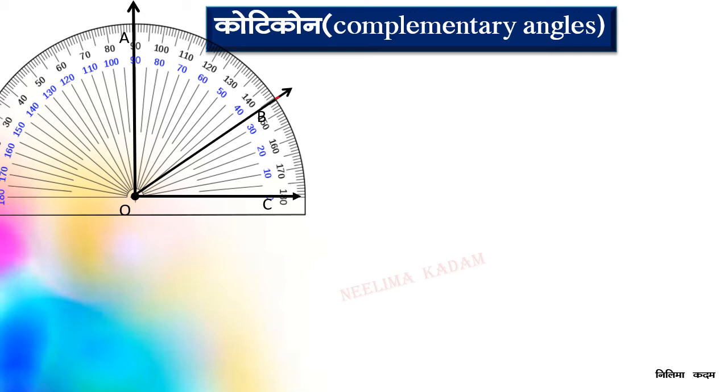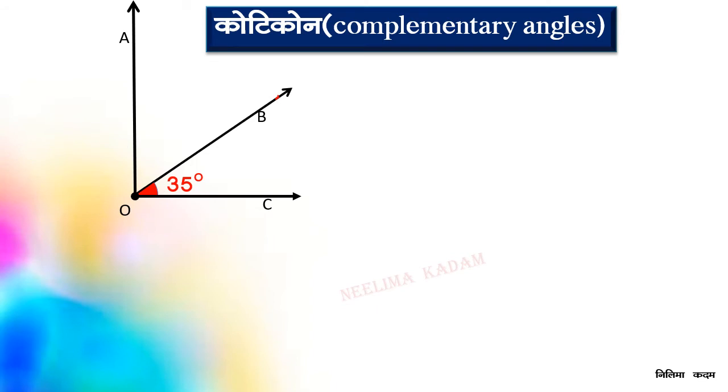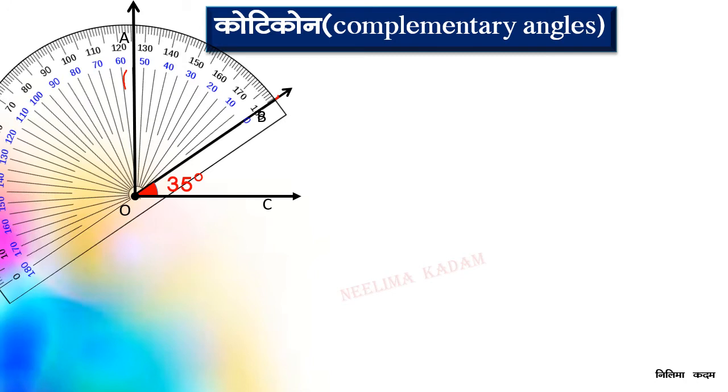See here, 10, 20, 30 and 35. Okay, so angle BOC is 35 degree. Now let's measure angle AOB. Take a protractor.